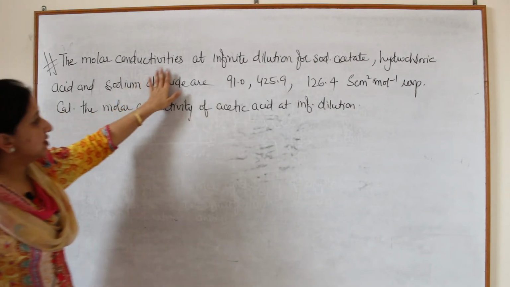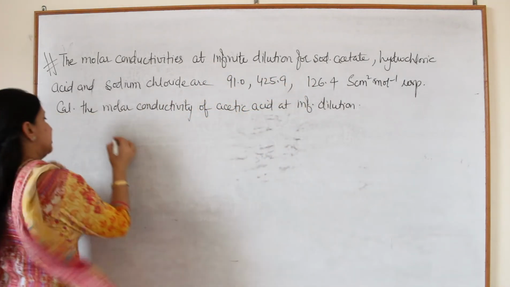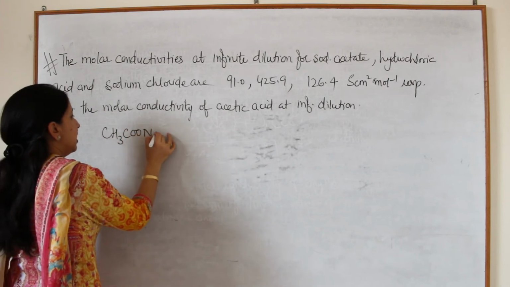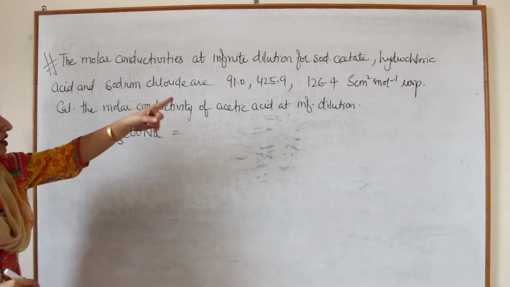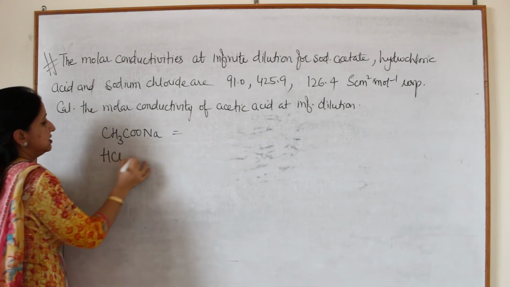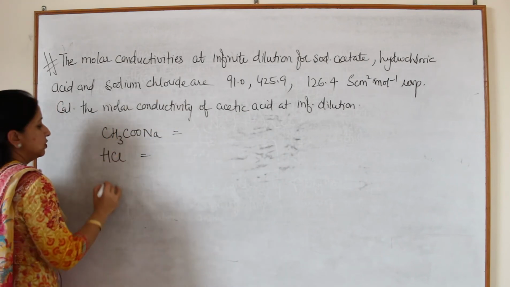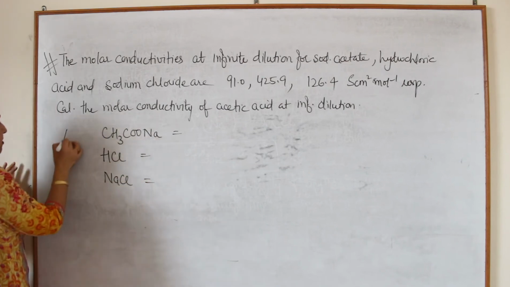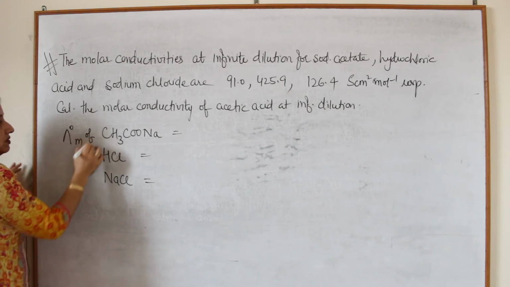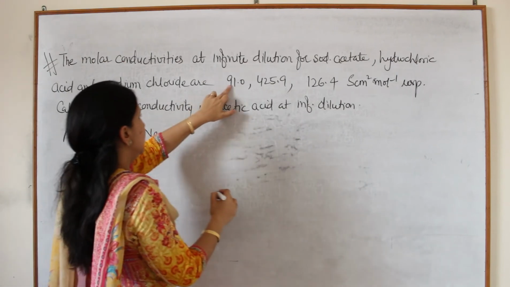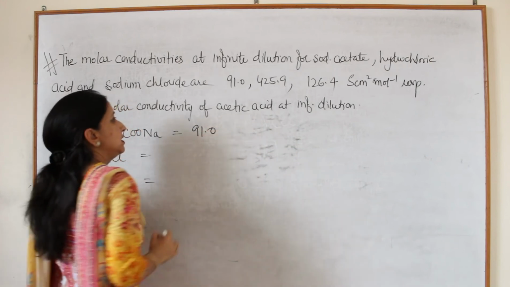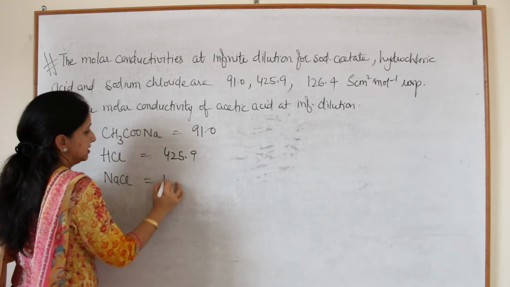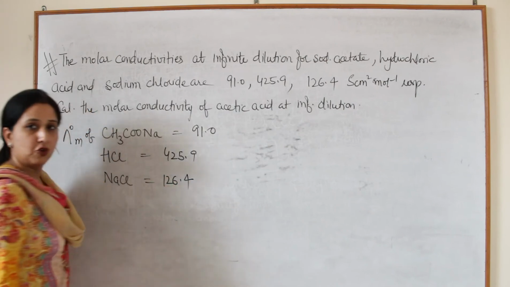We have been given sodium acetate, which means CH3COONa. Second, hydrochloric acid, HCl. Third, sodium chloride, NaCl. So lambda naught m of CH3COONa is equal to 91.0, HCl is 425.9, and NaCl is 126.4.